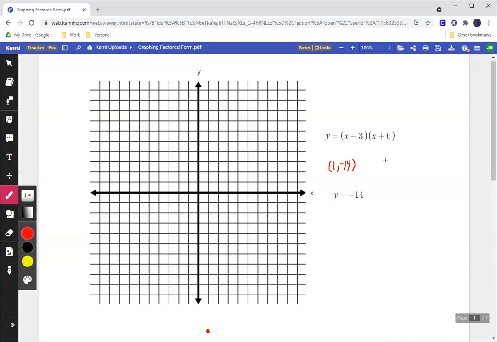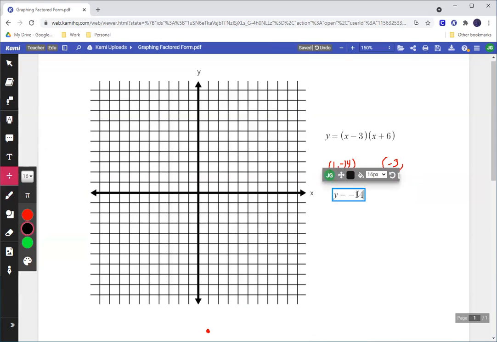Just so you can see it again, let's select a different number. For example, let's go ahead and choose -3. See what we get there. Again, we rewrite the equation, replacing x with the x value that we chose, in this case, -3.